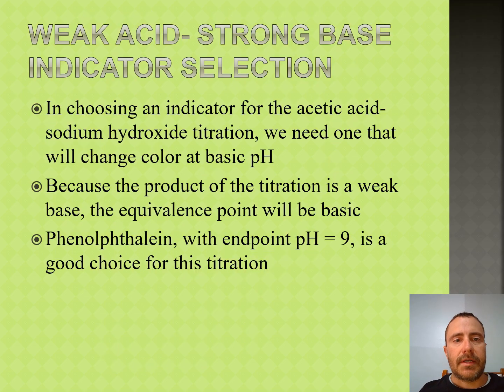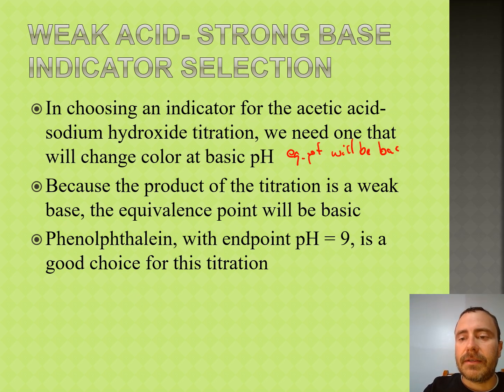Lastly, when we're talking about weak acids and strong bases, we can talk about how we want to determine our indicator. Remember that we need an indicator that is going to change colors at the proper time. So the end point has to be close to our equivalence point. And we know that for a weak acid, strong base, the equivalence point will be basic.